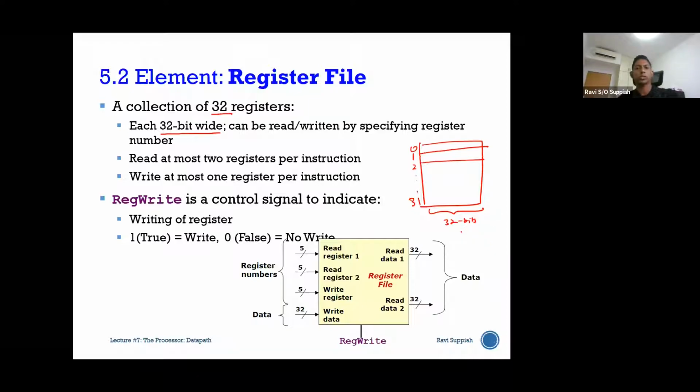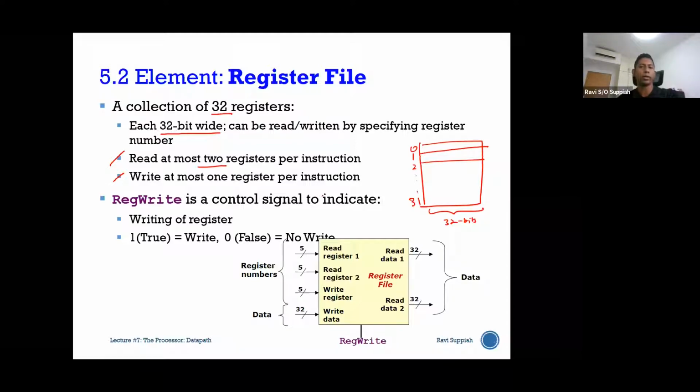For some instructions, I may need to read one register or at most two registers, depending on the type of instruction. When it comes to writing, I will at most write only one register per instruction. These are some of the things we have seen in our instructions so far. If it's an R-type instruction, I read at most 2 registers.